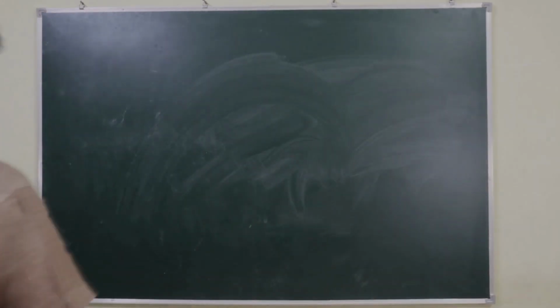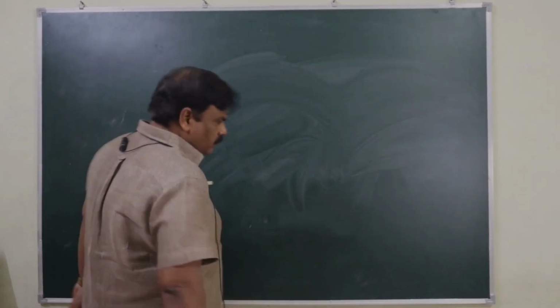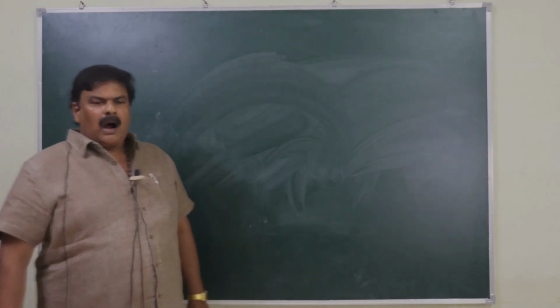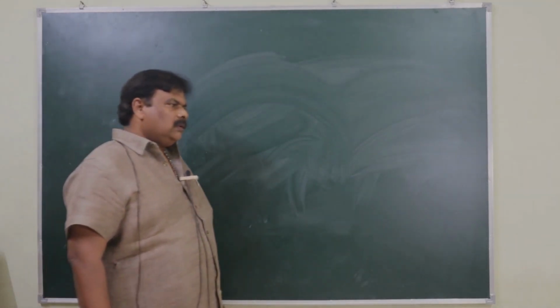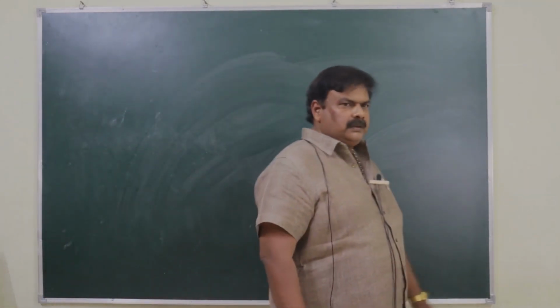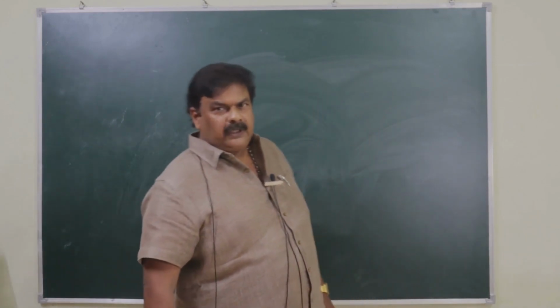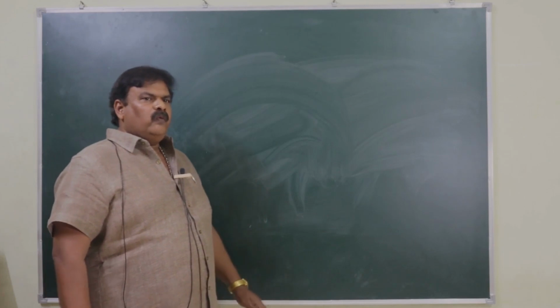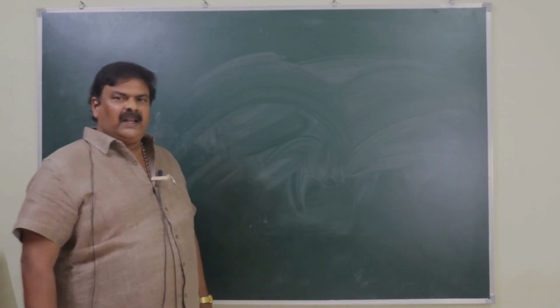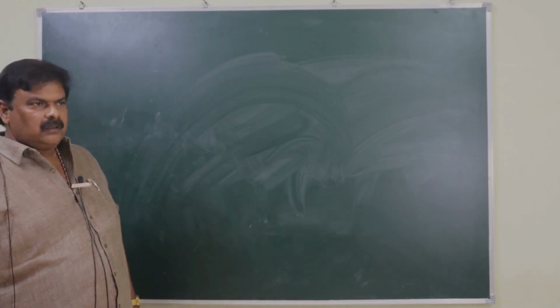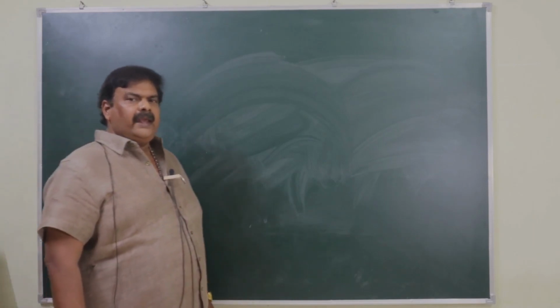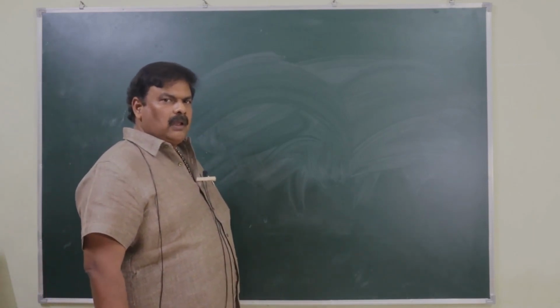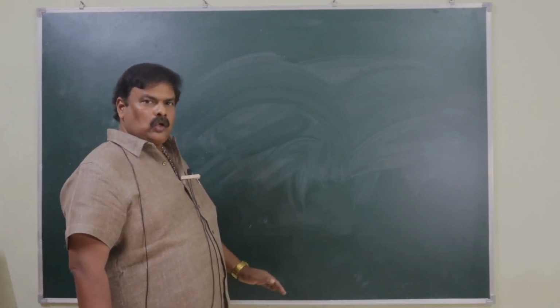I would like to mention one point: all compounds do not have tautomers and do not exhibit tautomerism. Only those compounds which have a polar group as well as alpha hydrogens exhibit tautomerism or have tautomers.